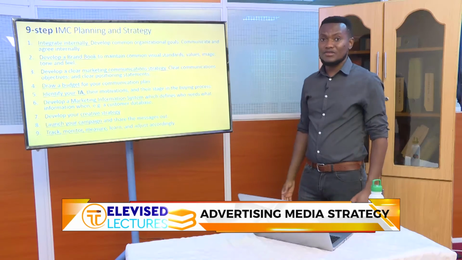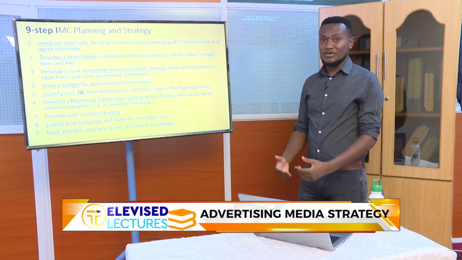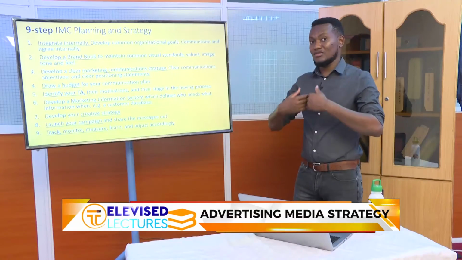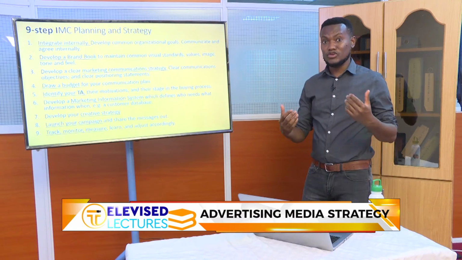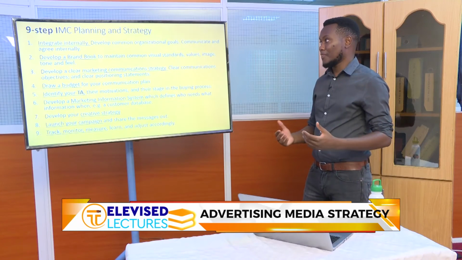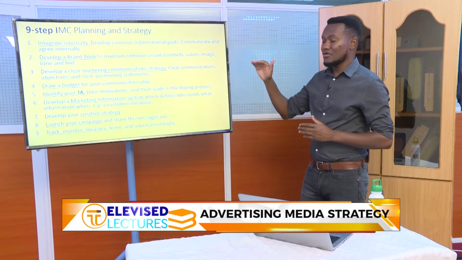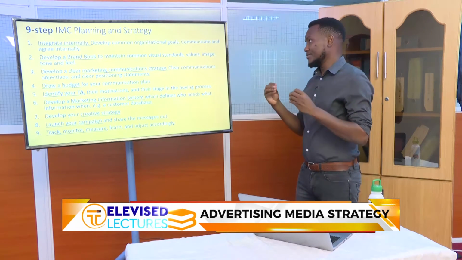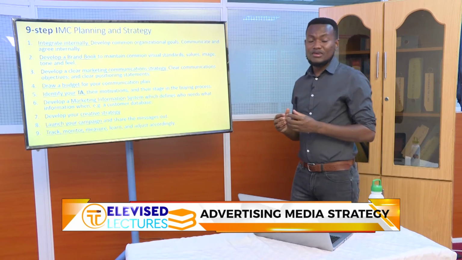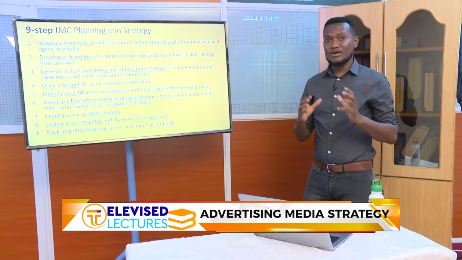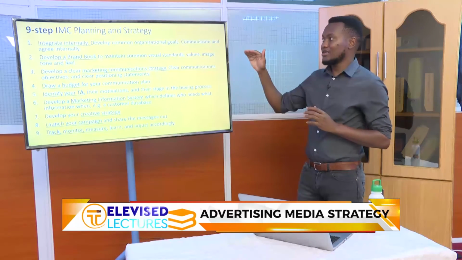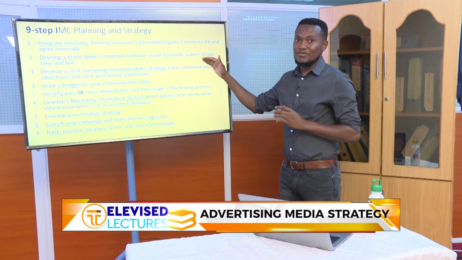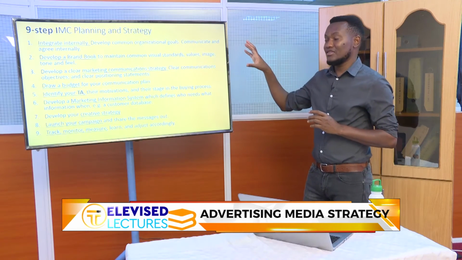So if someone is driving a BMW X5 in Nairobi, it is the same BMW with common standards that someone else in Japan or London or Washington will be driving. If it's an iPhone 10X, whether someone is using that iPhone in South Africa or wherever, there are standard features and characteristics that come with that brand of phone. That is captured in the brand book.